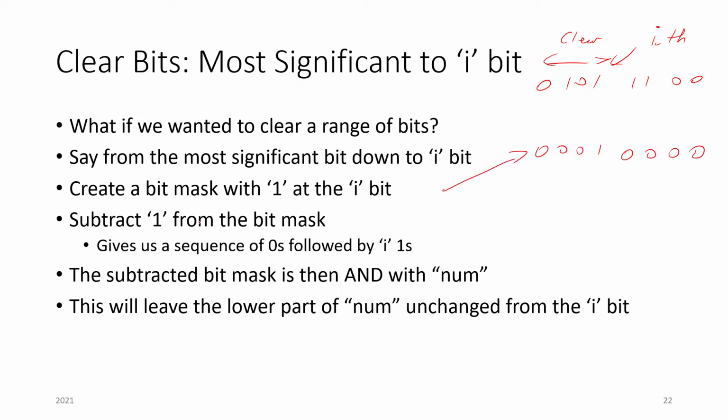So we make the I bit here, and we start creating our bit mask up to the I bit. So we put that 1 here as a result. When we subtract 1 here, this will go 0, 0, 0, 0, and all these bits here become 1, 1, 1, 1.